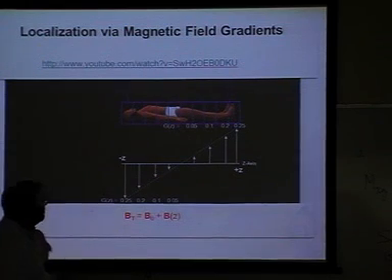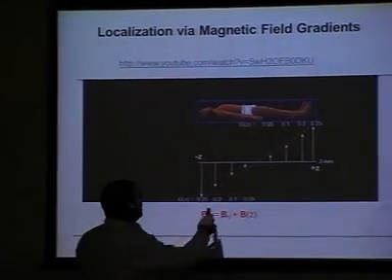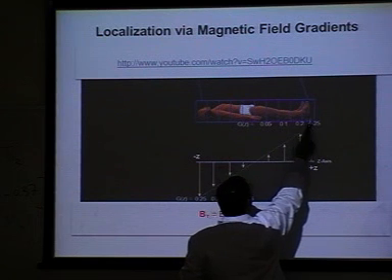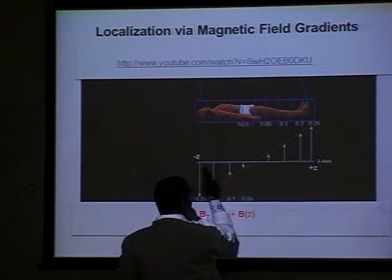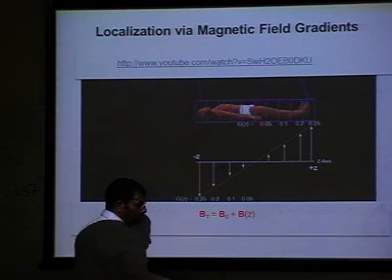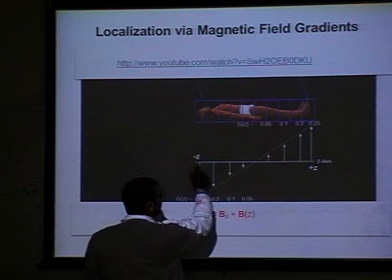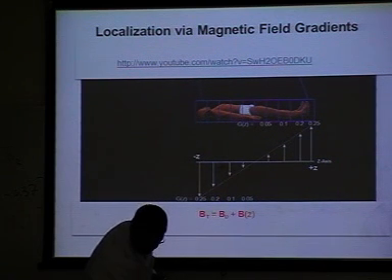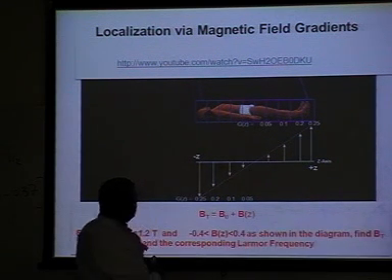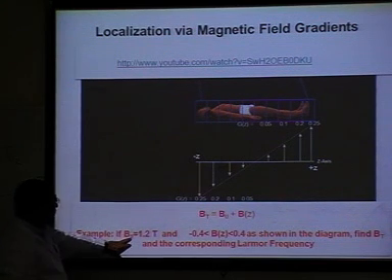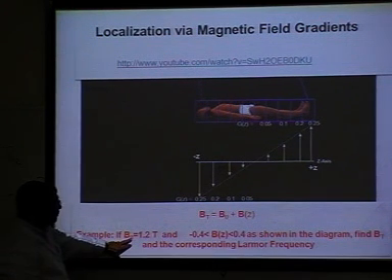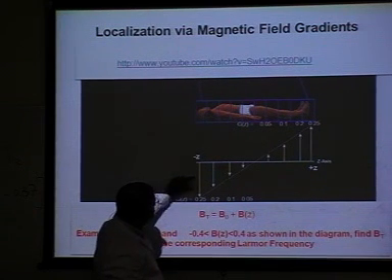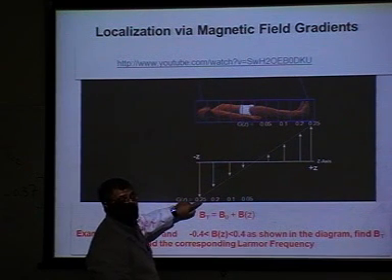Let's look at an example. Here I have my patient in a constant magnetic field, and then I introduce a gradient field. If B0 is equal to 1.2, in this region here it will be 1.2 minus 0.25.